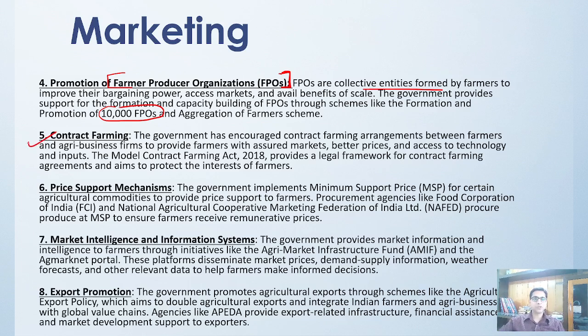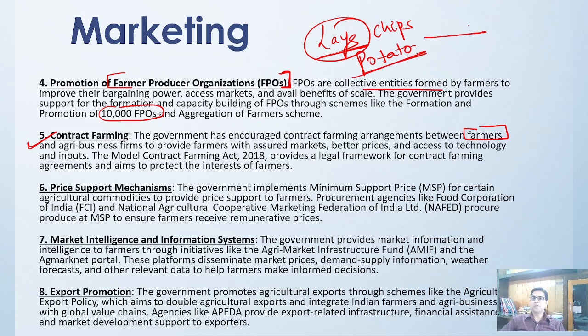Government should focus on contract farming, that is, a contract between the farmer and an agri business firm. For example, Lay's chips requires potato. Lay's has done contract farming with the farmers of Gujarat.